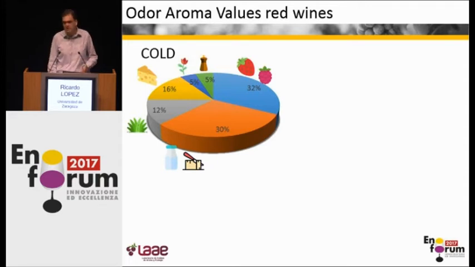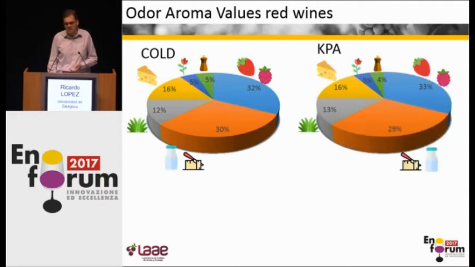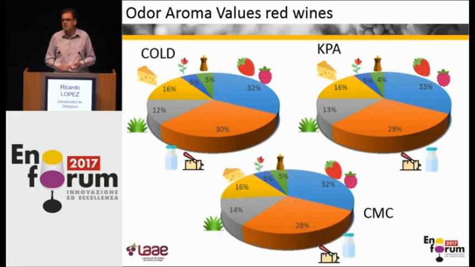But the important thing here is that if we compare this with the wine stabilized with potassium polyaspartate or with the CNC wine, you can only appreciate minor differences in the sum of all the families. I can tell you that these differences were not significant from a statistical point of view, and of course, they were not significant from a sensory point of view.